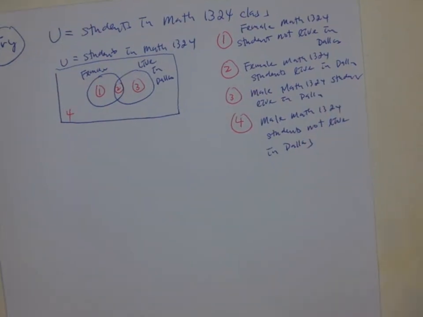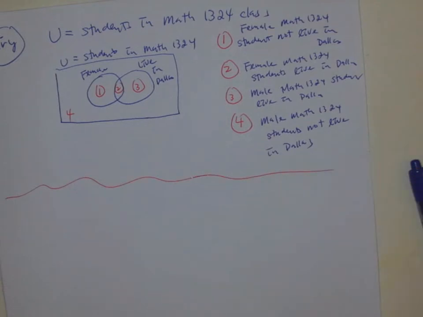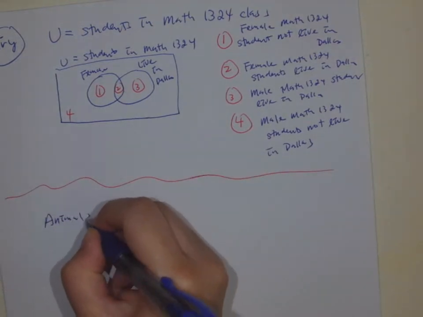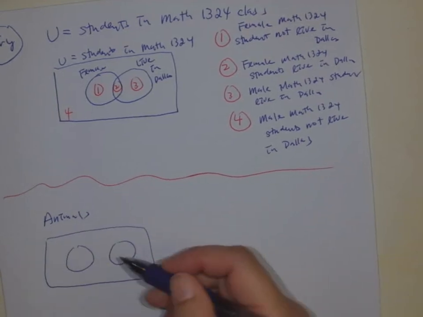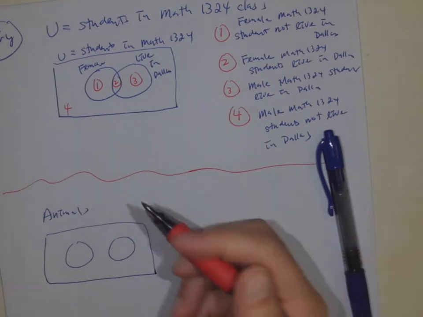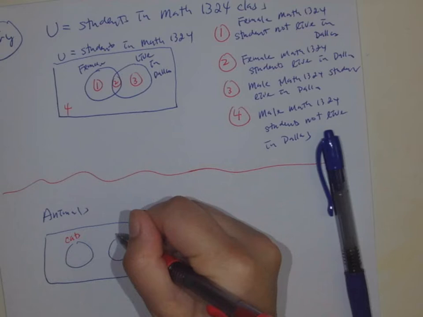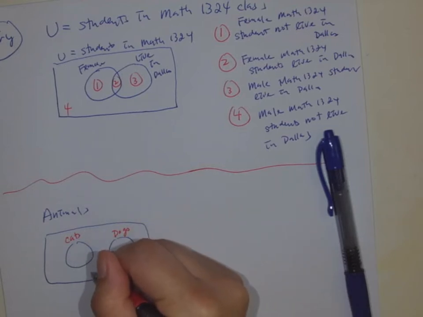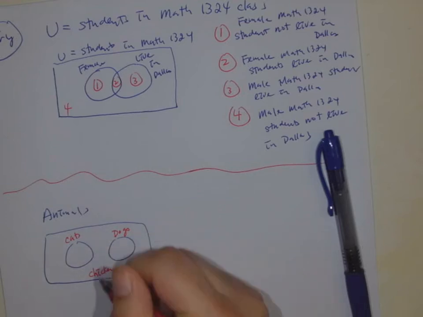And the next part, let's see. If I have a graph that is about animals and they are mutually exclusive, what can I put in there? I can put maybe cat in this circle, dog in this circle, maybe chicken in there.